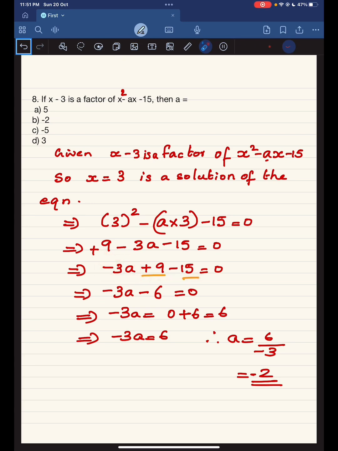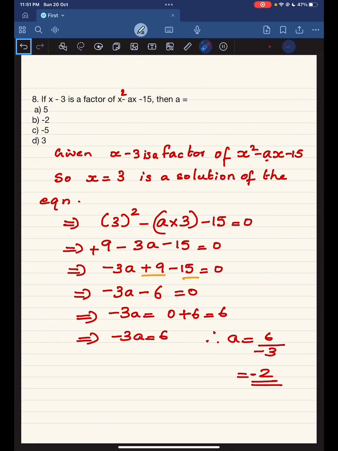We can write the variable first and the numbers last. Okay, so here minus 3a plus 9 minus 15 is equal to 0. Here if plus and minus come, we should subtract and write the sign of the greater number.